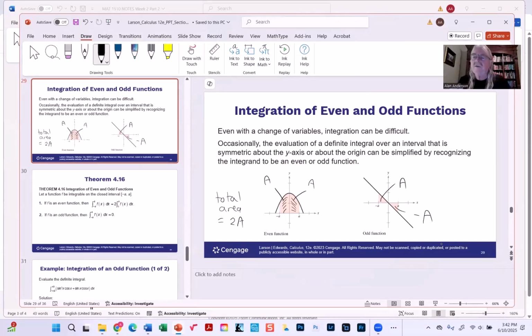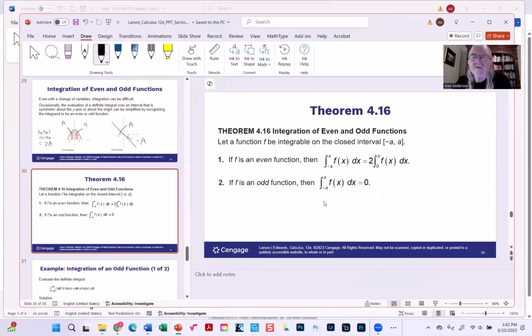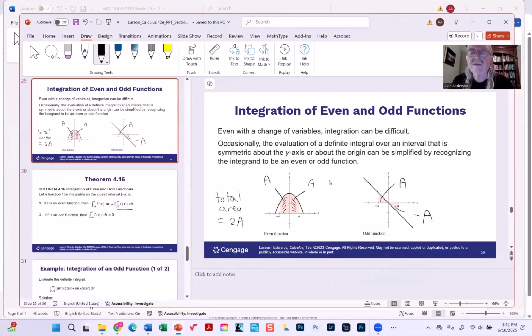If I combine them directly the way they're written, I'll always get zero. On the left-hand side, if I combine them, I will always end up with 2a. Okay, so that's what we're about to do. Anyway, here we go. If we have an even function, evaluated over the interval from negative a to positive a, we can treat it as 2 times the area to the right of the vertical axis.